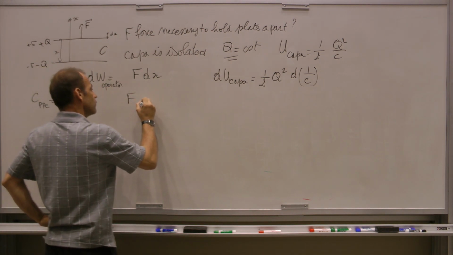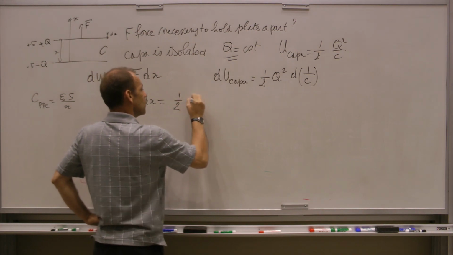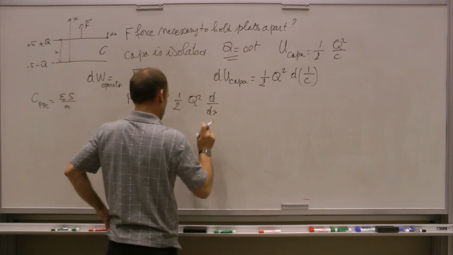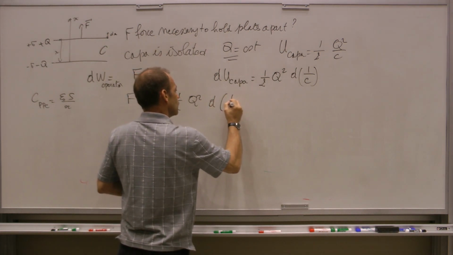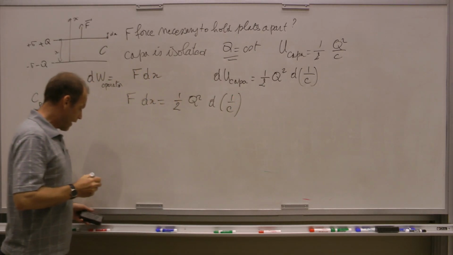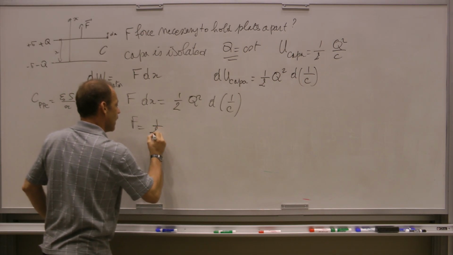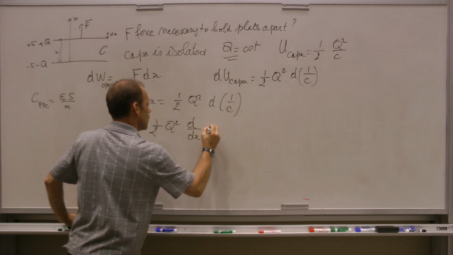So I write that F dx is equal to 1/2 of Q squared d of 1/C. Dividing both sides by dx, I have the force F equals 1/2 of Q squared d over dx of 1/C.